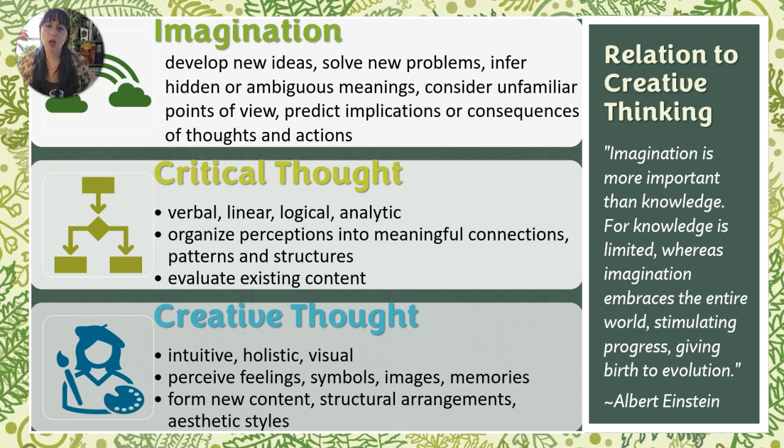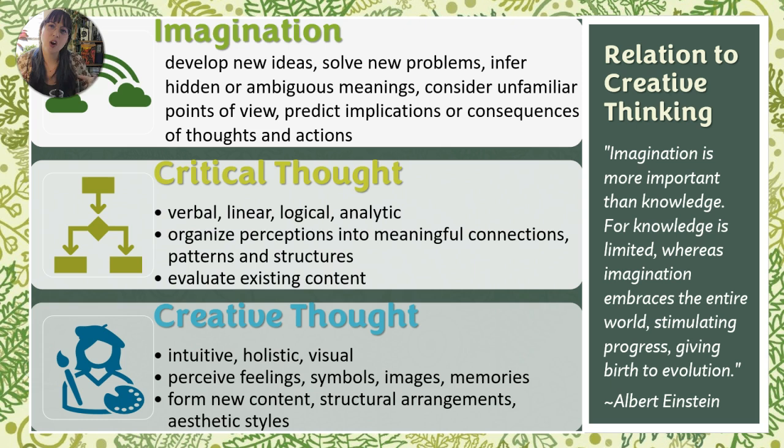And then when you look at the next level and think in terms of imagination, imagination is something that helps us to develop new ideas, combining our creative and critical thinking, helps us to solve new problems, things that we've never encountered before. Think new feelings, new images. We can look into our bag of tools and see how we might solve those things.